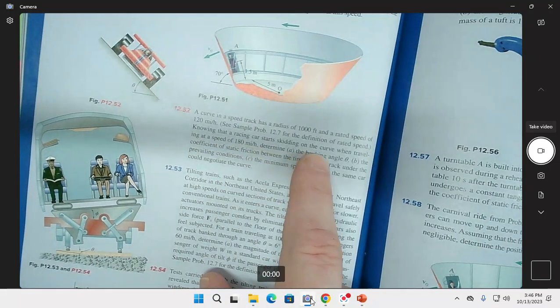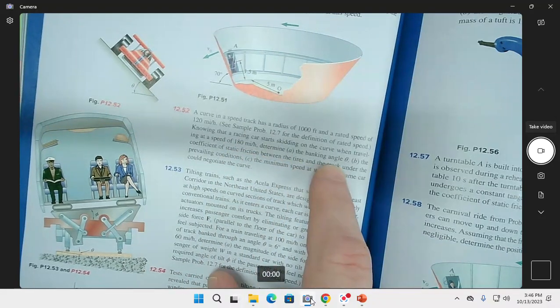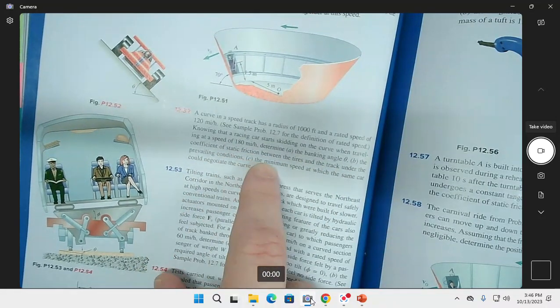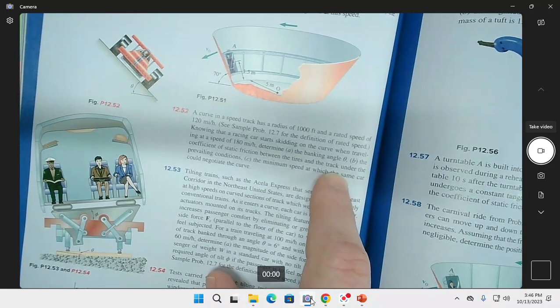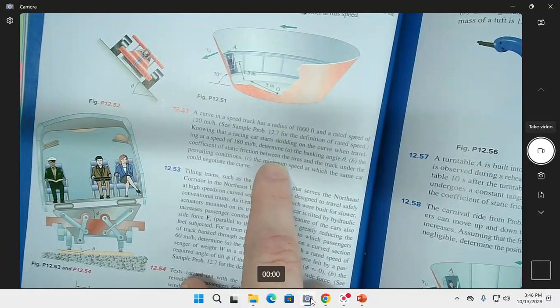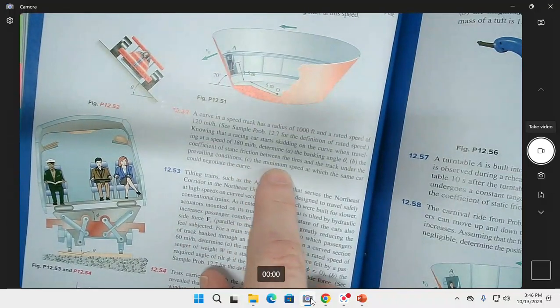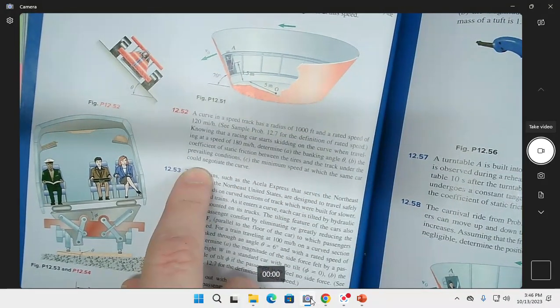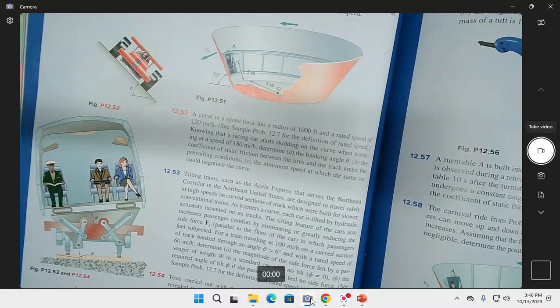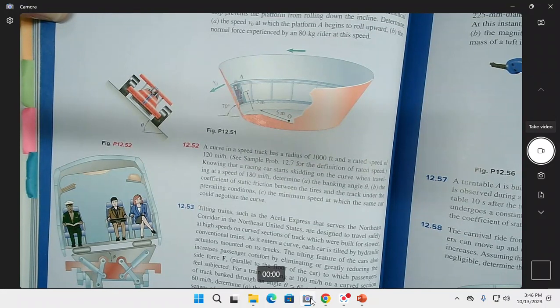Knowing that the race car is skidding on the curve when traveling at a speed of 180, determine the banking angle and the coefficient of static friction between the tires and the track under the prevailing conditions when it starts skidding, and the minimum speed at which the same car could negotiate the curve. Do you know how to do that? Could you figure out how to do that? You want to know how to do that?